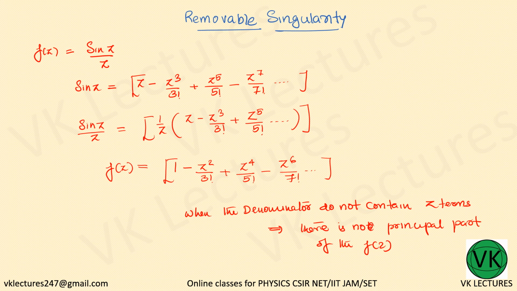Here there is only the analytical part. This is the analytical part of the function f of z. So that is called a removable singularity.